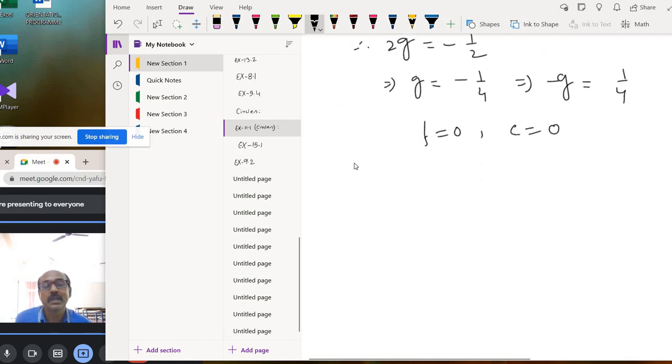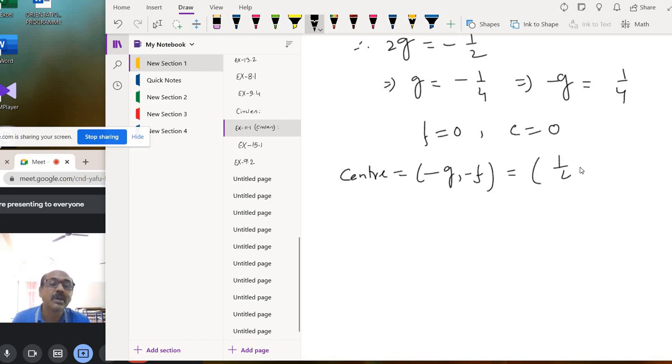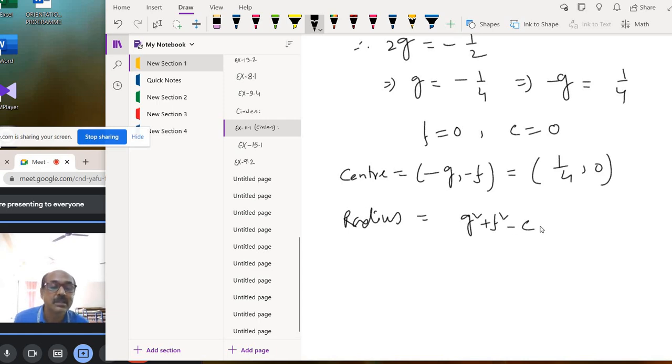Now write center. Center equal to minus g comma minus f, it will be 1 by 4 comma 0, and radius equal to under root g square plus f square minus c.